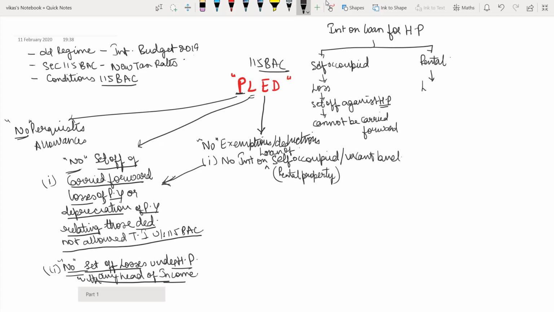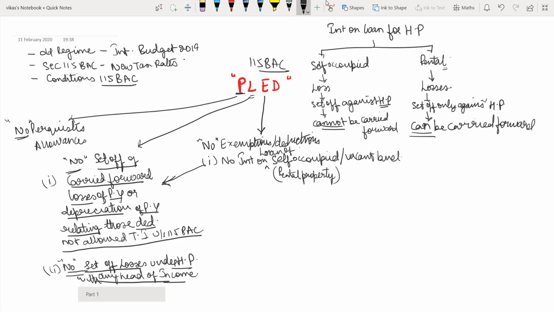And loss in rental property is also allowed to be set off only against house property. However, this loss can be carried forward. This loss cannot be carried forward, this loss can be carried forward.